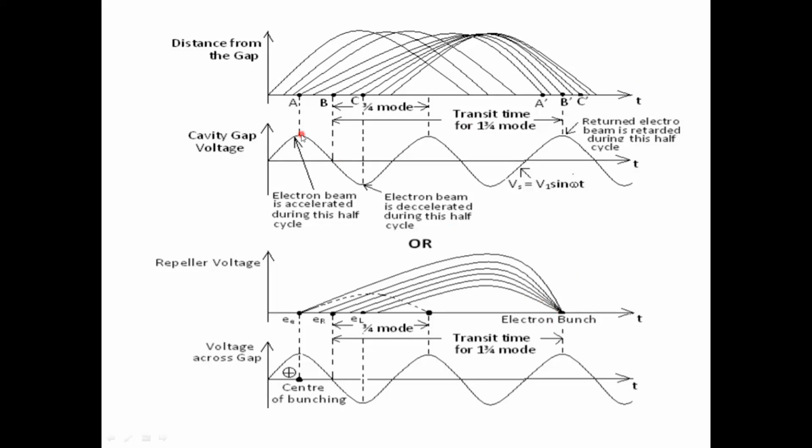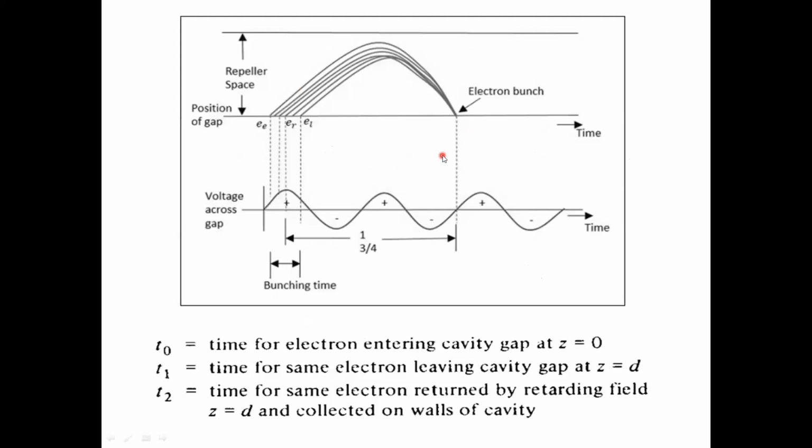Here I mentioned all the nodal points for our discussion. For this explanation, the total transit time equals 1 plus 3 by 4, or simply called 1 3 by 4.